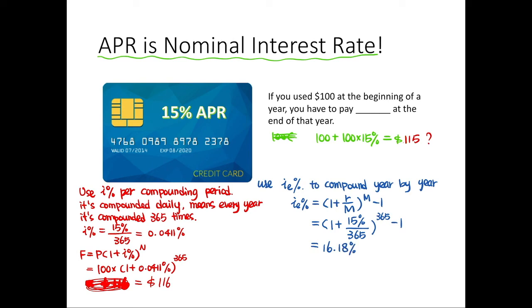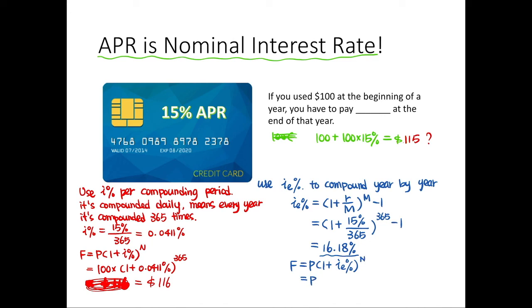Now you can do the compounding year by year. You can still use the equation method because you don't have the table for such an interest rate. The equation to find F given P is P times 1 plus IE%. Now you can compound it year by year. You only have 1 year, so N is 1.